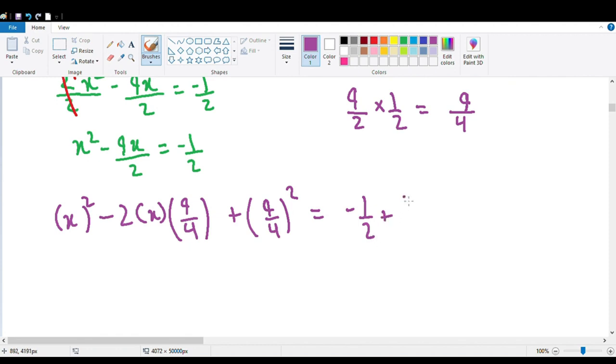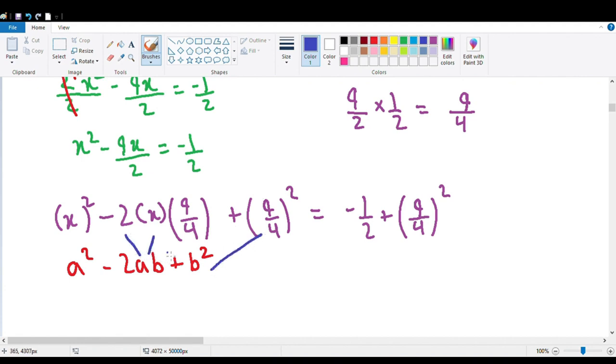And we're also going to add it on this side, because if we add this on one side, then we've got to add it on the other. Now I'm just going to write the formula down so it makes way more sense. It's a squared minus 2ab plus b squared. Let me point out what everything is. This is b squared, this is 2ab, and this is a squared.